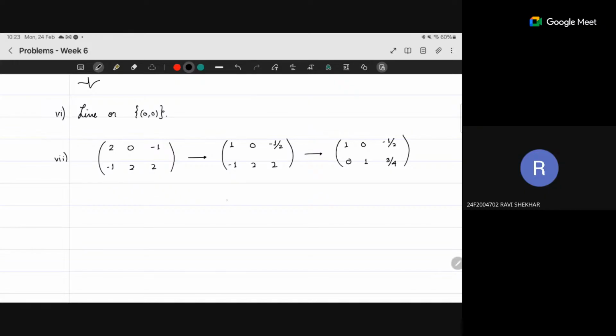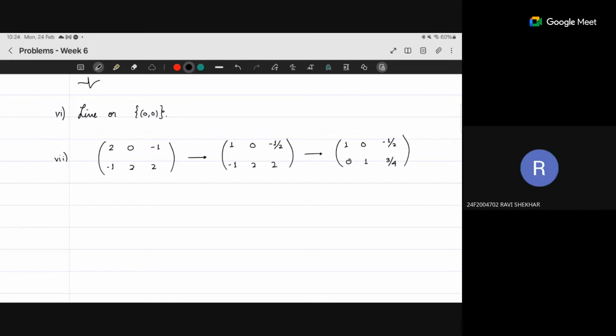How do I find the kernel? First of all, what is the rank? What is the nullity? Rank is 2, nullity is 1. So the dimension of the kernel is 1, and the dimension of the image is 2.